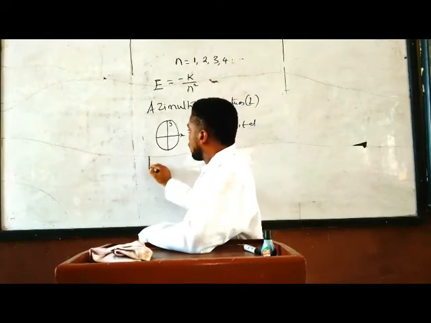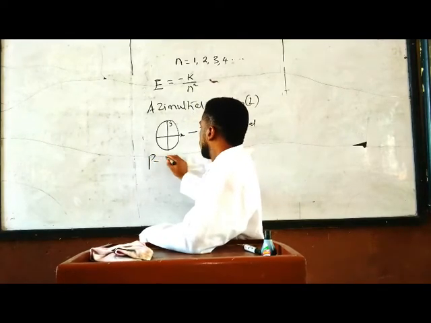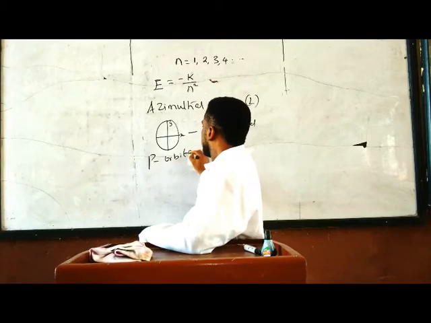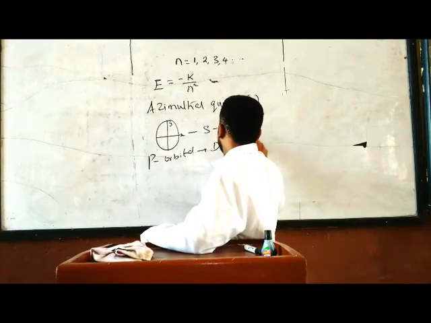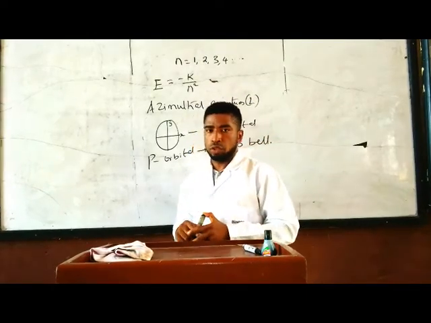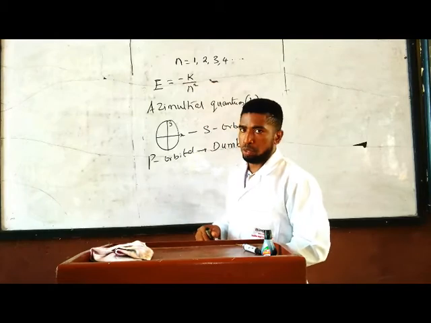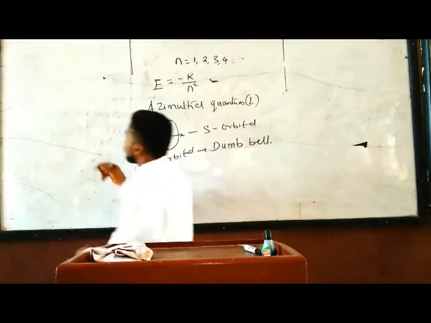So p orbital is dumbbell in shape. If you draw the shape of p orbital, we are going to have something like this.